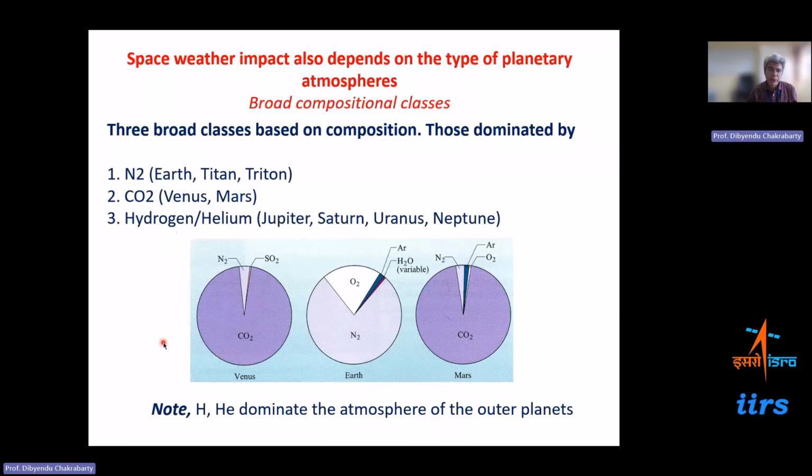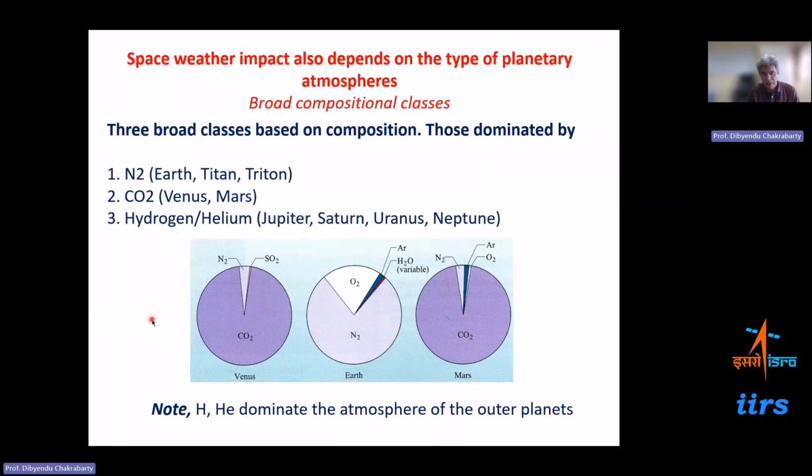Therefore, the composition of the atmosphere plays a very important role in what kind of ionization and what kind of ions will exist, what the impact of the solar wind will be on the upper part of the atmosphere, and how the ionization will vary.